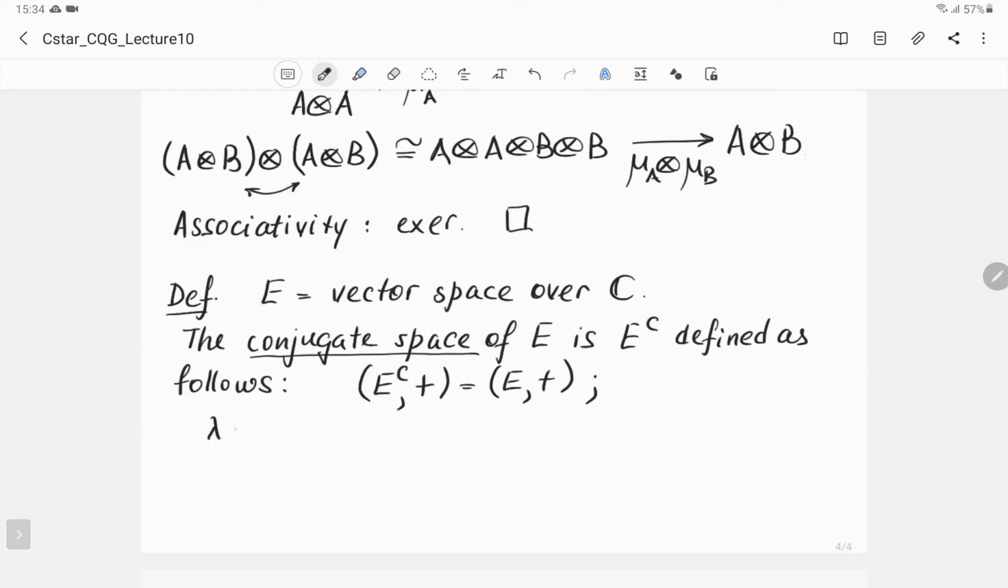So lambda x in the space EC is the same as lambda bar x in E. So first we take the complex conjugation, and then we apply the action of lambda on x in E. It's clear that the result will be a vector space.